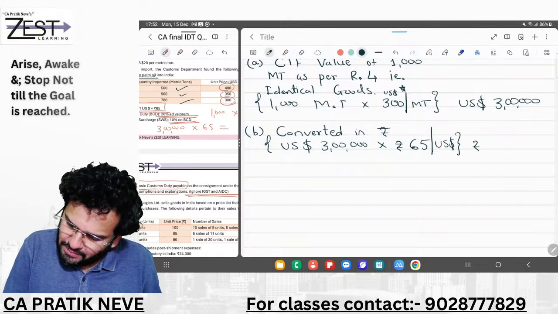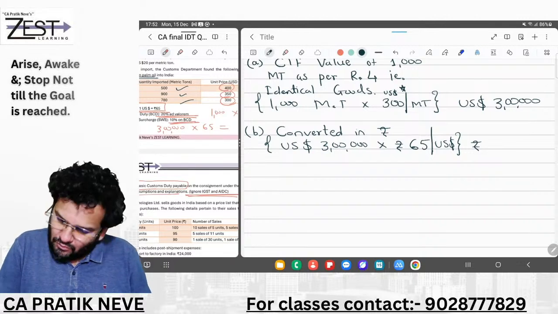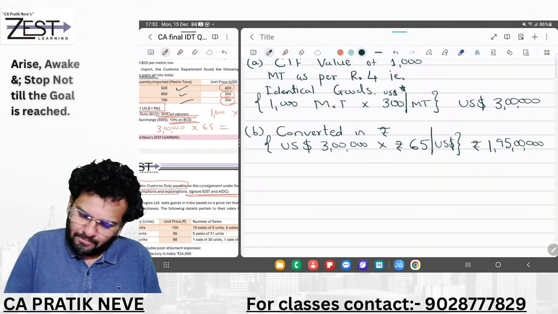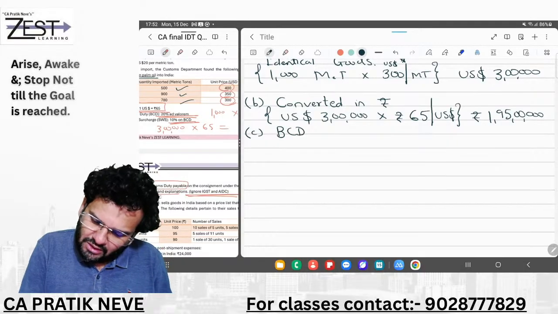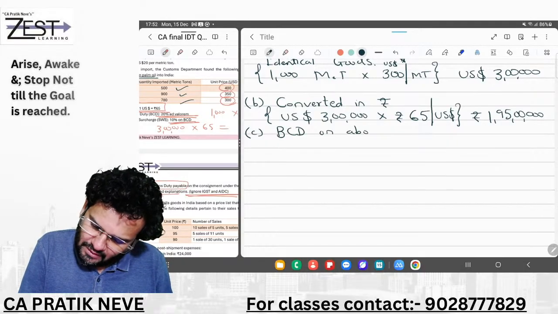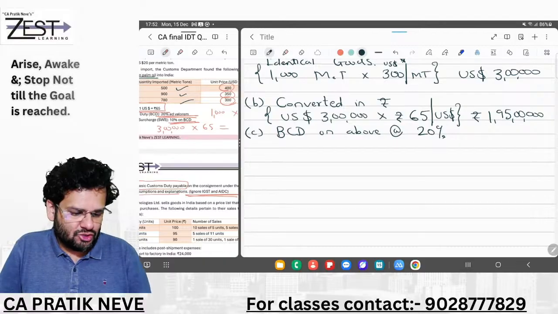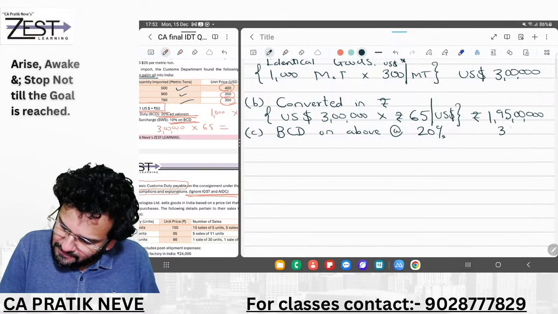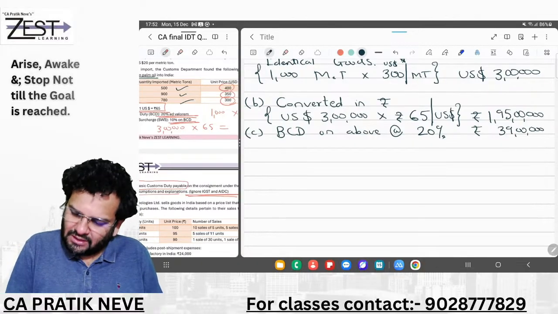So it will be rupees 1 crore 95 lakhs. Now C point, basic custom duty on above at 20%. It was given the rate of basic custom duty is 20% ad valorem, so rupees 39 lakhs.